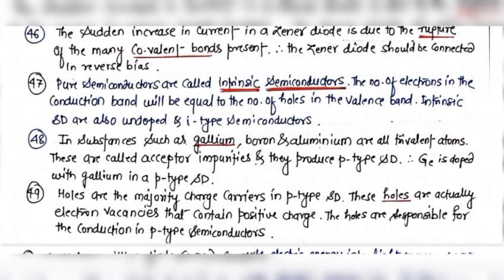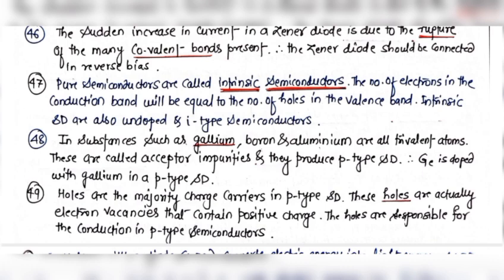Substances such as gallium, boron, and aluminium are all trivalent atoms. These are called acceptor impurities, and they produce p-type semiconductors. Therefore, germanium is doped with gallium in a p-type semiconductor diode.